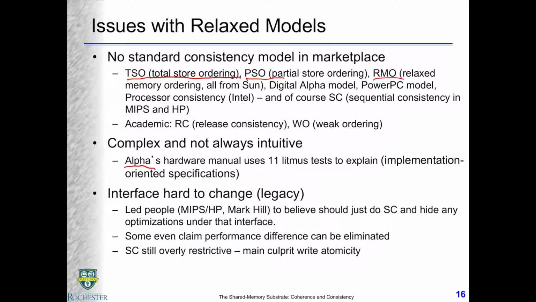So once you decided to do something, it's hard to go back and change it. So this led to some discussion about what you really should do, and there is some consensus that, in fact, sequential consistency might be what you want to implement. Because at least it's very clear, a lot of people understand that.